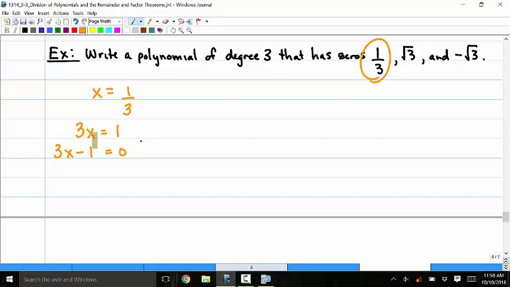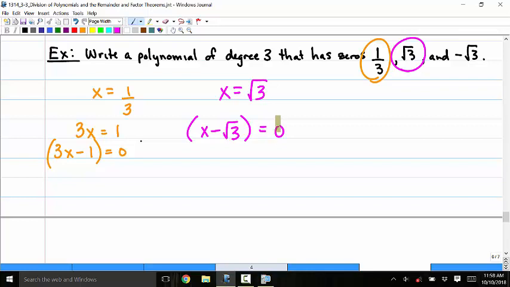That 0 corresponds to that factor. This 0, x minus root 3 equals 0. That 0 corresponds to that factor.